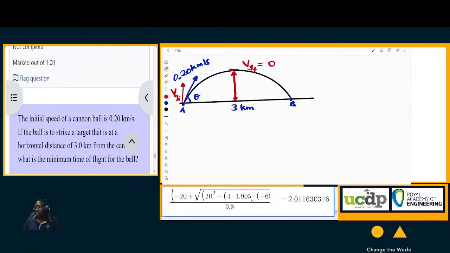Remember, we have not been given theta. This question has not done much justice in giving us all the required information. Ideally, Vy initial should be equal to V sine theta, and Vx initial, the component that doesn't change usually in projectile motion, is equal to V cos theta.